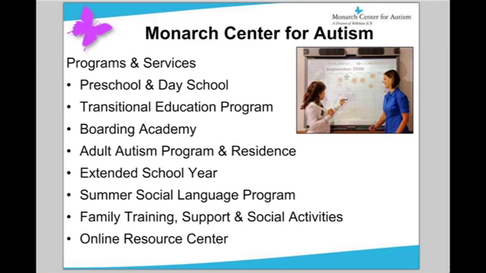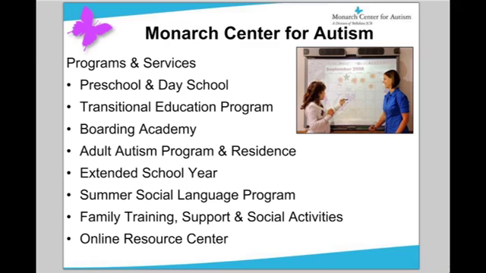These are just a list of services that we provide. I'll give you a quick overview. We have a preschool program, half-day and full-day options. It's 5 days a week and it goes 11 months. We have a transitional education program for adults with autism, a boarding academy, and an adult autism program and residence.